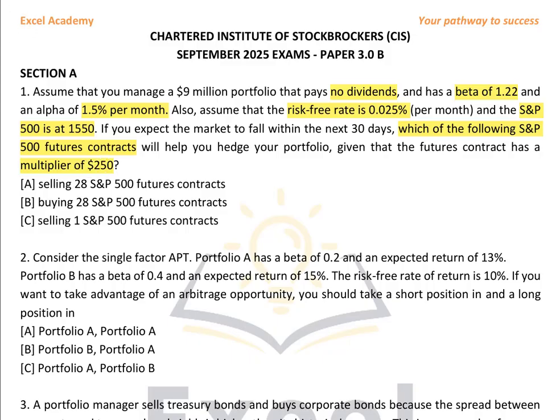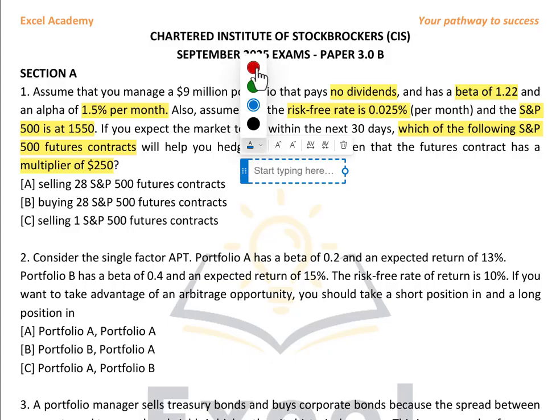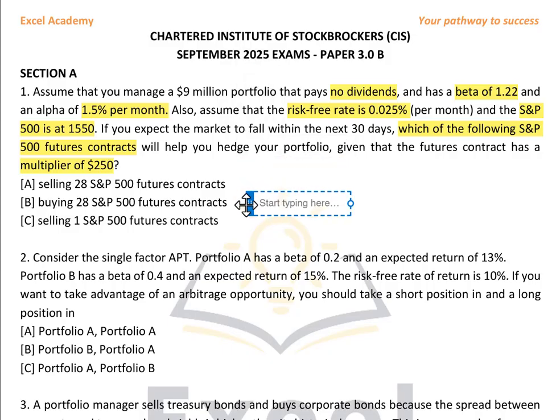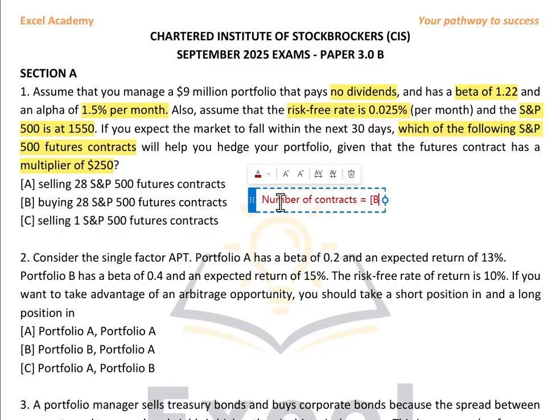So here now we are going to solve it using the formula. What they ask you to do is to ascertain the number of S&P 500 futures contracts that is needed to hedge the portfolio. The formula for the number of contracts is equal to the beta value multiplied by the portfolio value, then divided by the contract value.